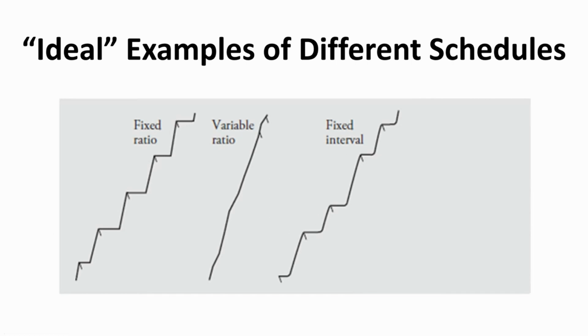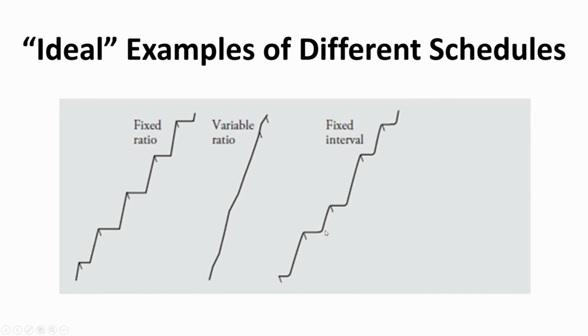It is probably important to note that this scalloped effect only really appears if the individual has some ability to tell time. If they have some concept of how much time has passed and when they should be receiving their next reinforcement, that's when we see that uptick in responding.